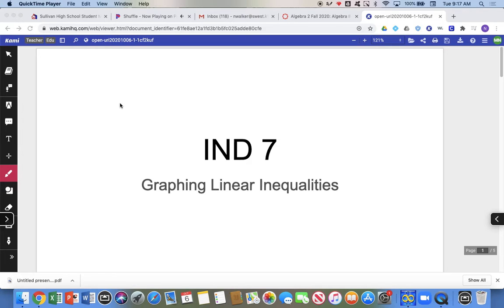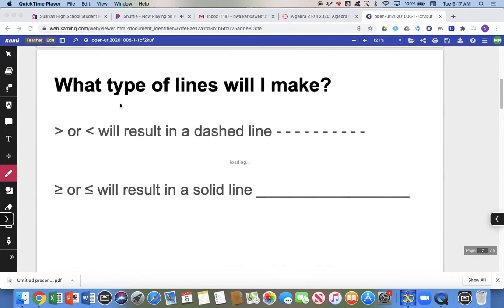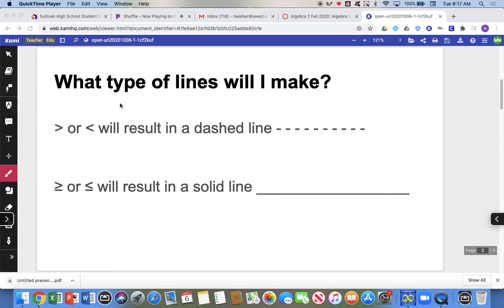Whenever we have a greater than or a less than symbol, it tells us a certain direction to shade. And do you remember how we decided if it was an open circle versus a closed circle? Whether it's equal to or not. So just like open circles and closed circles, we have to make different types of lines.